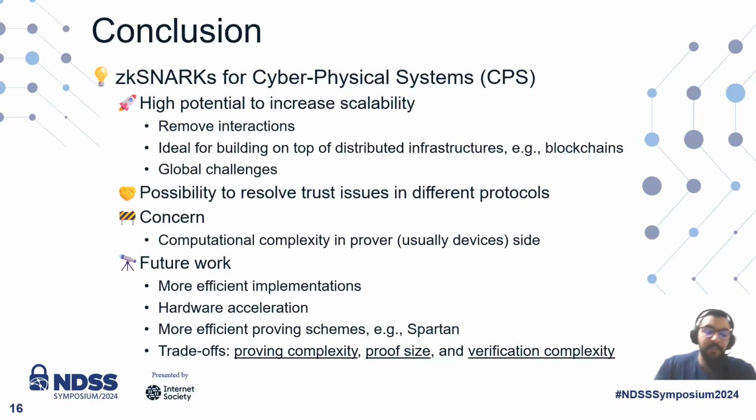which unfortunately, in different IoT scenarios, these devices have limited and constrained resources. This leads to a path for future research and development to achieve more efficient implementations of different proving systems, working on hardware accelerations to make them more energy efficient, and also employing more modern proving systems which have lower complexity on the prover side, such as Spartan.